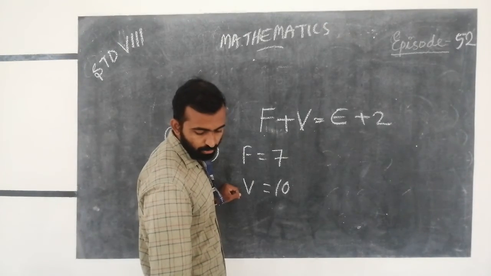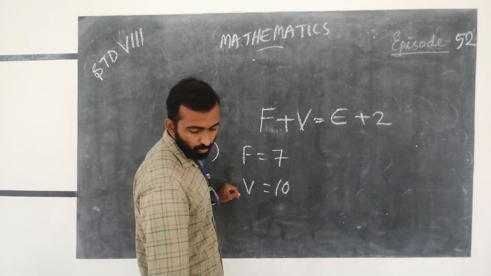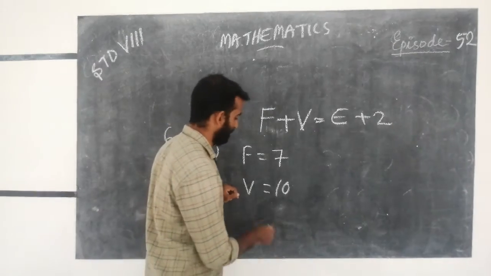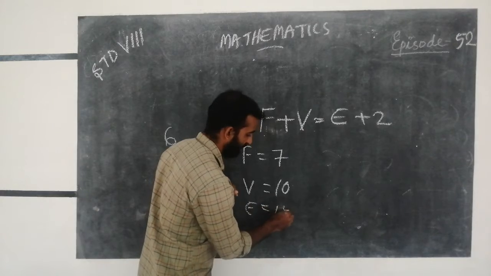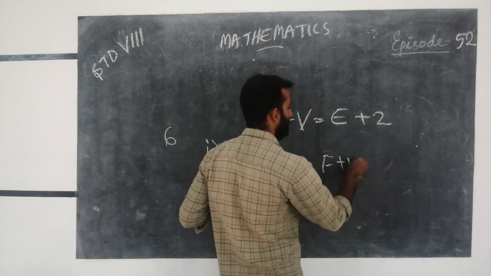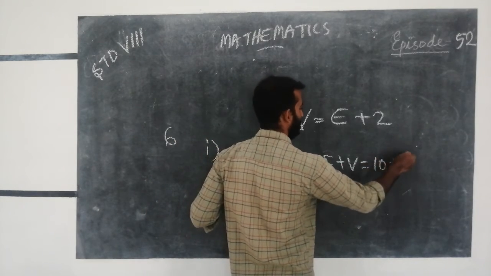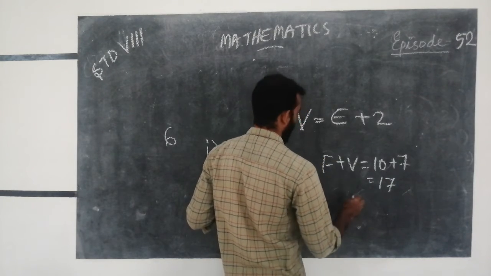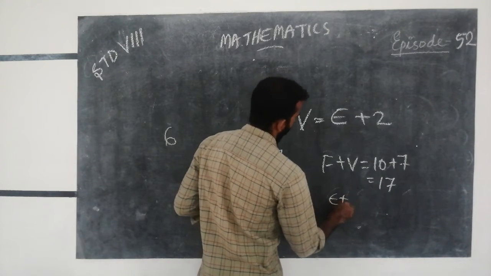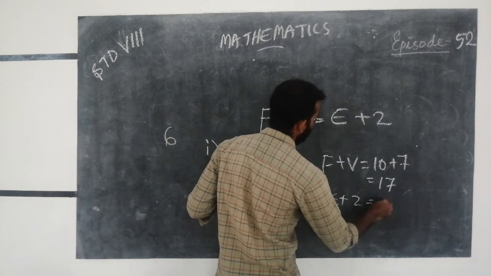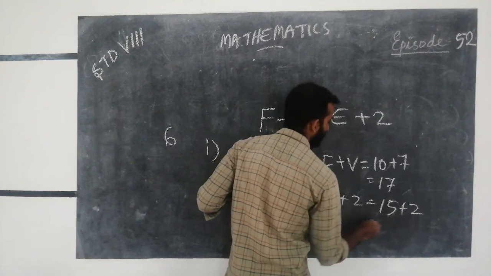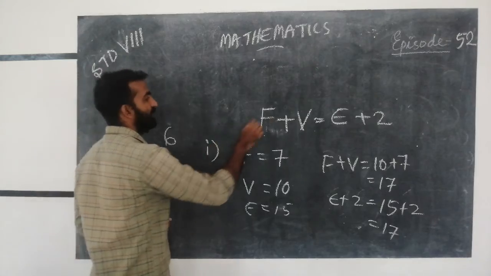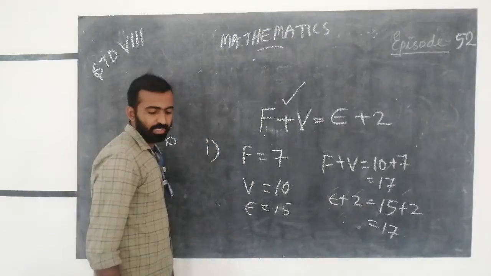Edges are 1, 2, 3, 4, 5, 6, up to 15. That is F plus V equals 7 plus 10, we get 17. E plus 2 is equal to 15 plus 2, we get 17. That is, Euler's formula is satisfied.